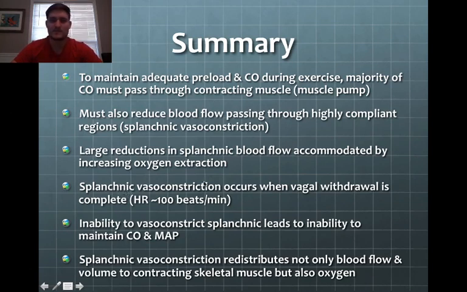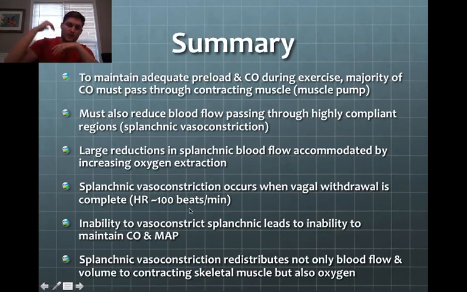Splanchnic vasoconstriction occurs when vagal withdrawal is complete. So again, that increase in cardiac output that we see from rest to 100 beats per minute, that's all due to the vagal withdrawal. And we're not going to see increases in sympathetic nervous activity until we get to 100 beats per minute.